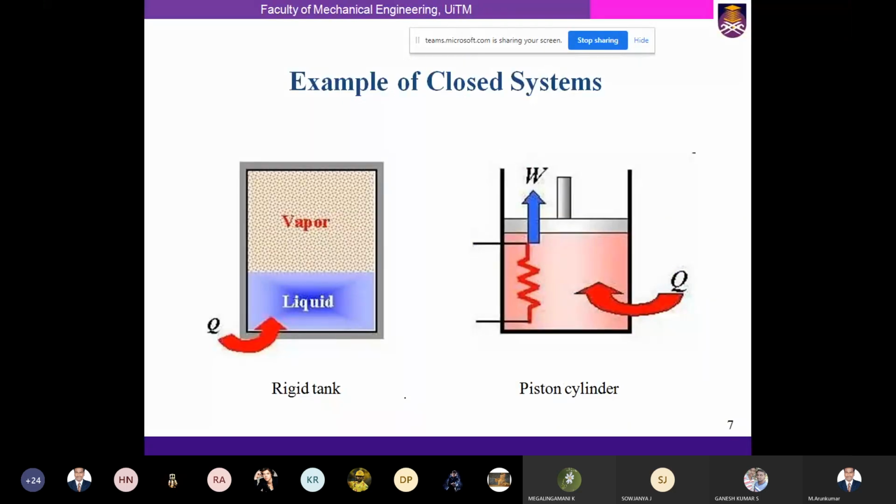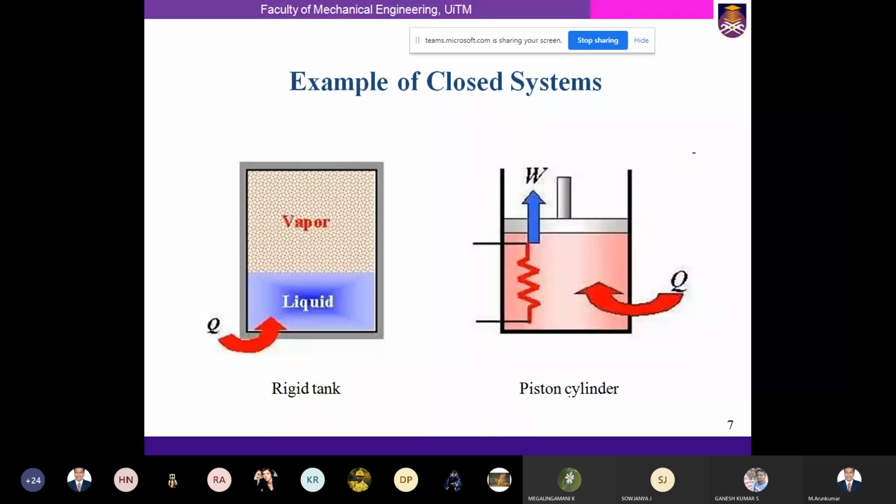Then this is the schematic of a closed system. So this system is closed. So we can have the mixture, that is liquid vapor mixture, in the system. If you keep on adding heat energy to the system, we can't expect work as an output.